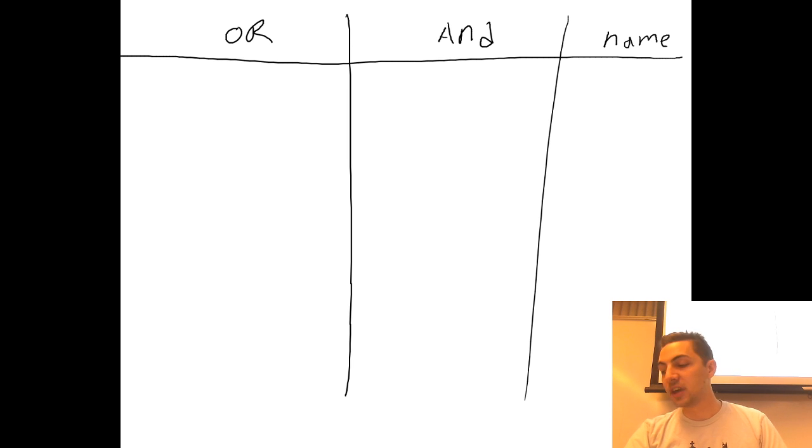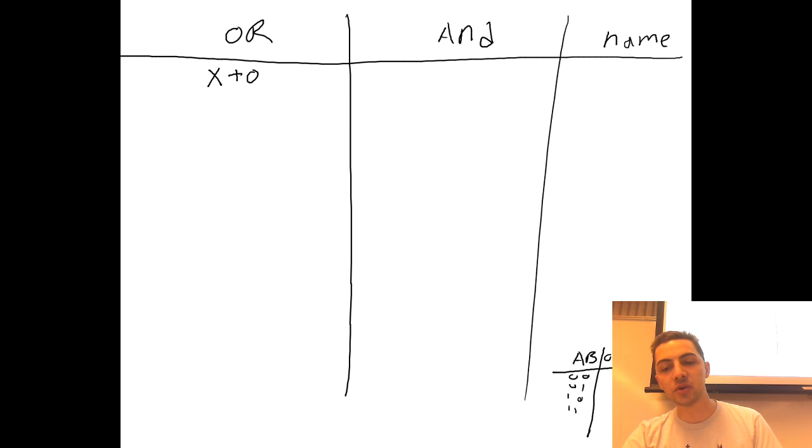So the first thing we have to look at is some Boolean variable ORed with 0. And let's reserve a little space down here. A, B, OR, and. This is just as reference so you can see it.